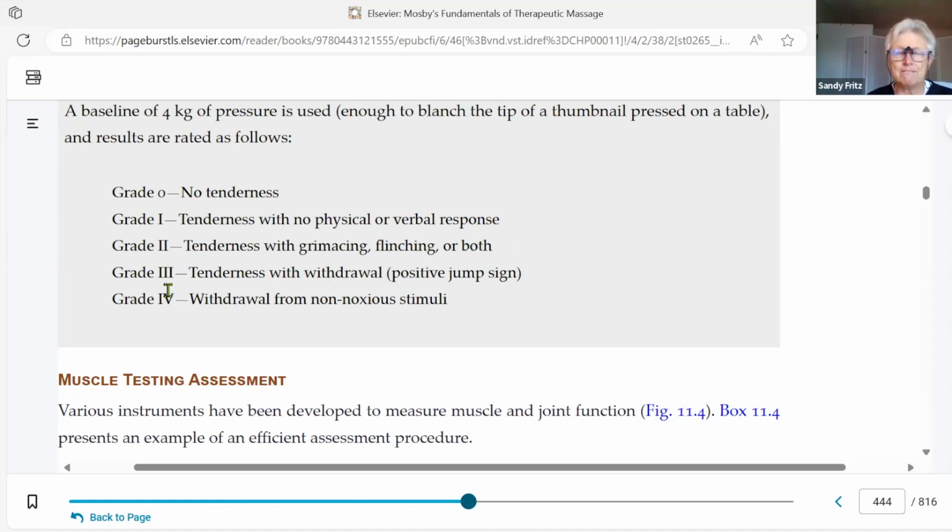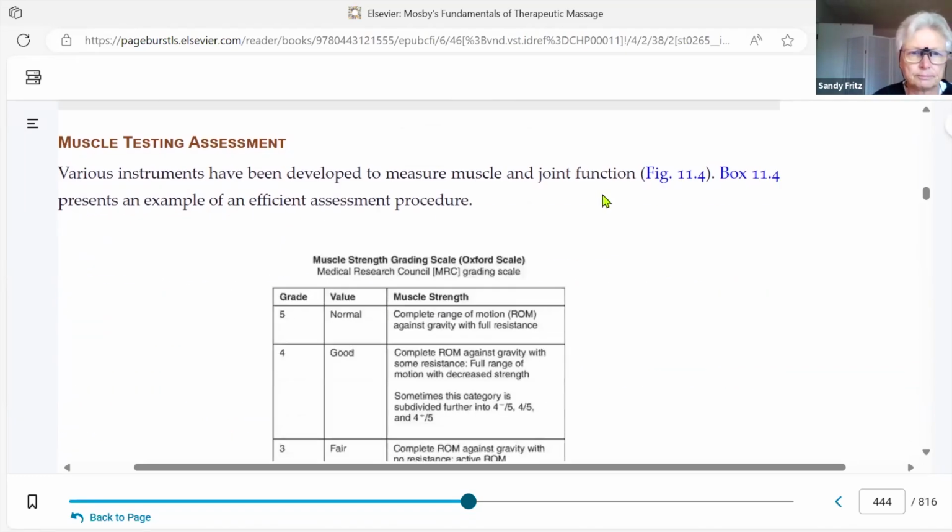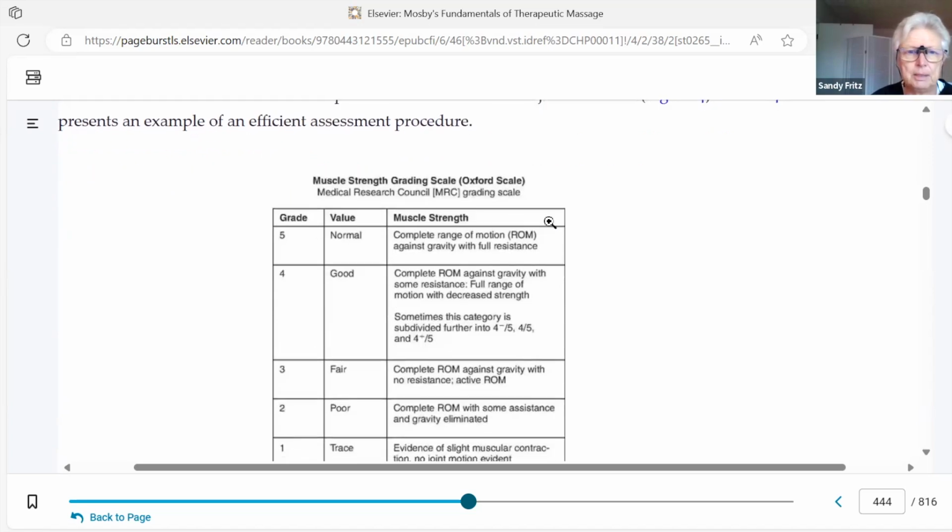But we want to avoid withdrawal and tenderness where they really have an avoidance behavior to that. We don't want to work in that arena with people. Same with some muscle testing, which we're going to describe here.